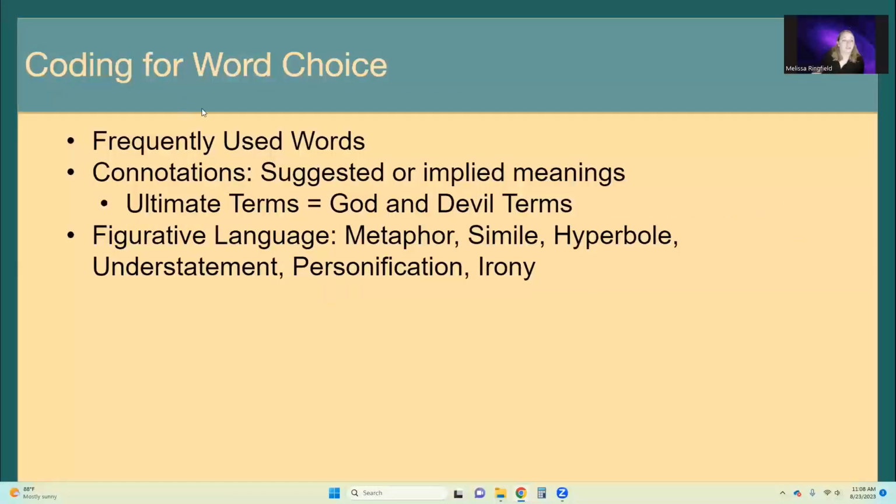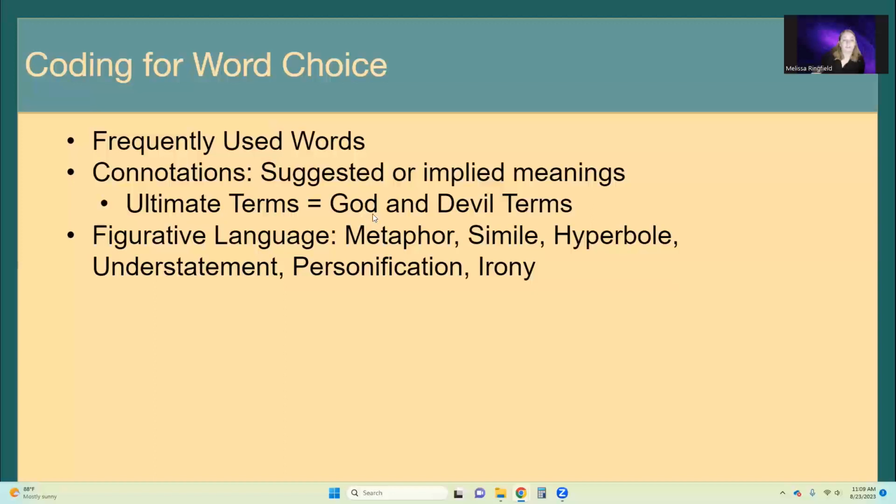Coding for word choice. So coding frequently used emotional words. So you might have other kinds of word choice, for example, jargon and ethos, but these are emotionally evocative words, words with strong emotional connotations. For example, you can code for what's called god terms and devil terms.